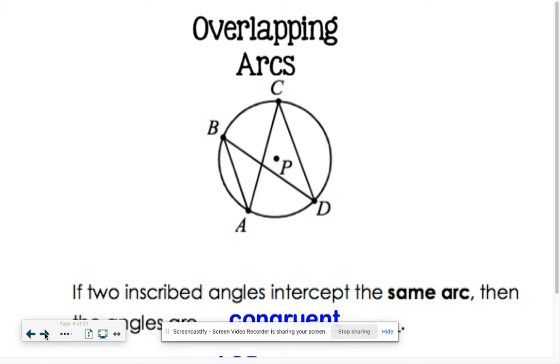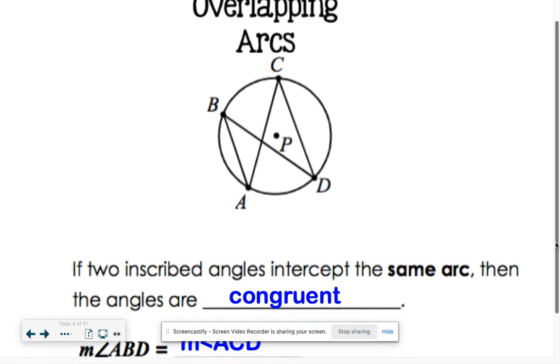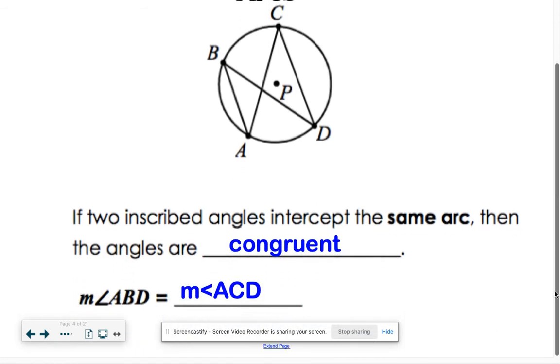The last thing that we need to discuss before we get into some examples is overlapping arcs. If we have two inscribed angles that intercept the same arc, then those angles are congruent. And this is kind of like another duh. If we look here, folks, we trace out our inscribed angle ABD. Do you see that inscribed angle?